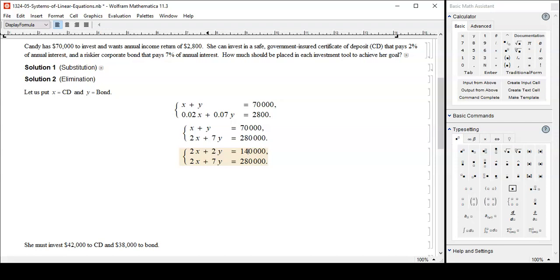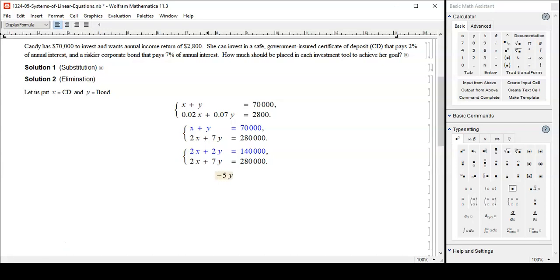So what did I do? From the first equation, which I just highlighted in blue, I multiplied it by 2. So both left-hand side and right-hand side, and distribute everything. So 2x plus 2y is 140,000. And then subtract. 2x minus 2x, that's going to be gone.